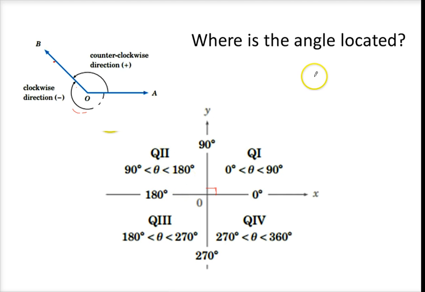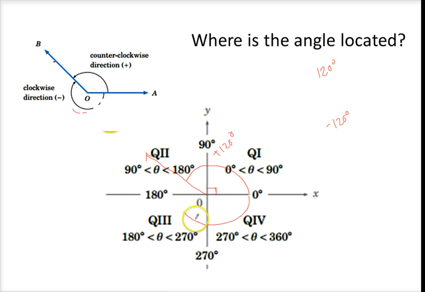So for example, the angle positive 120 degrees would start at 0 and would open 120 degrees, which would put it here. It's more than 90, but it's less than 180. This would be positive 120. If I had the angle negative 120 degrees, it would still start at 0, but it would open clockwise or downward into quadrant 4, and it would go, here's negative 90 degrees, and it would go into this quadrant.